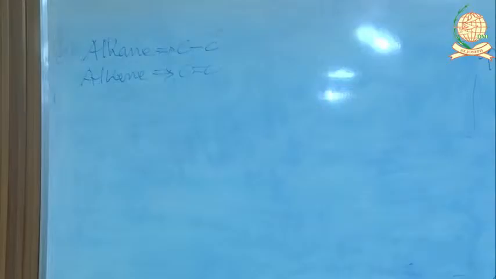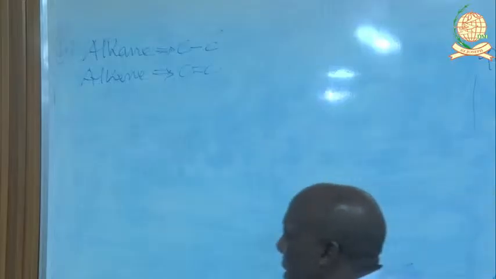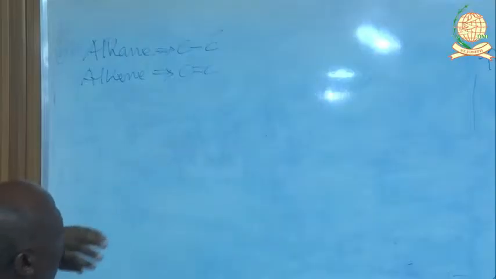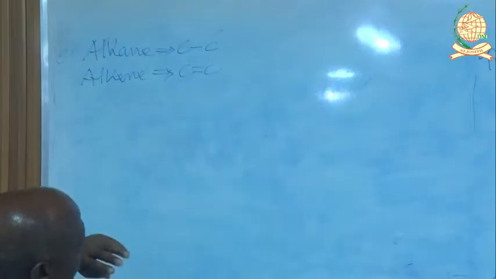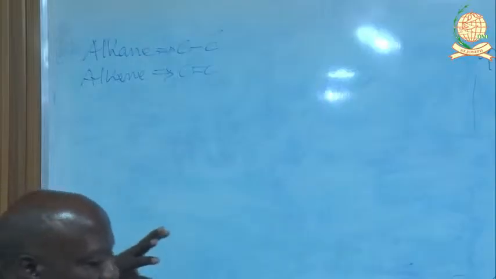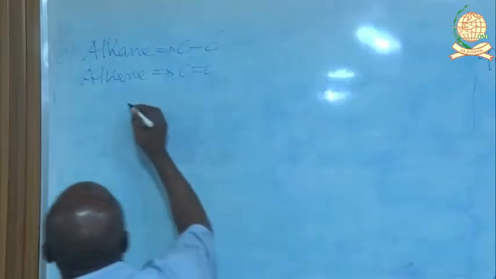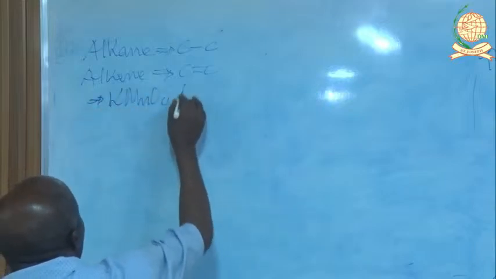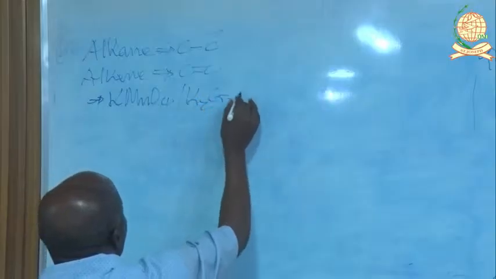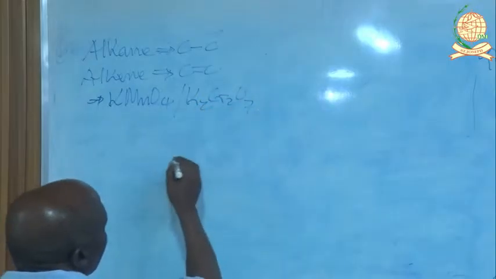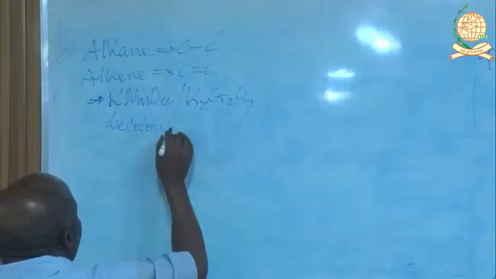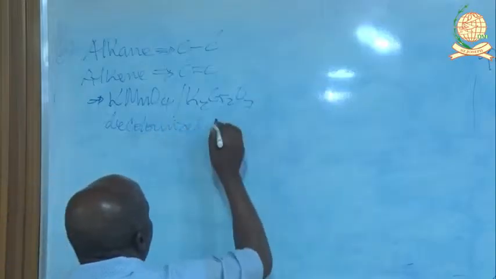We can use potassium permanganate, whether acidified, or even potassium dichromate in acidic or in basic medium. They will react with the alkene. So we say here that potassium permanganate or potassium dichromate will be decolorized by alkenes.